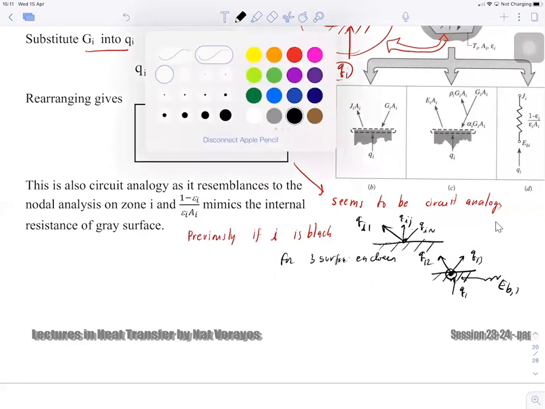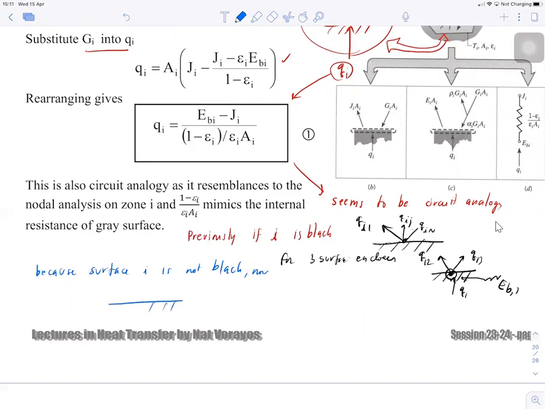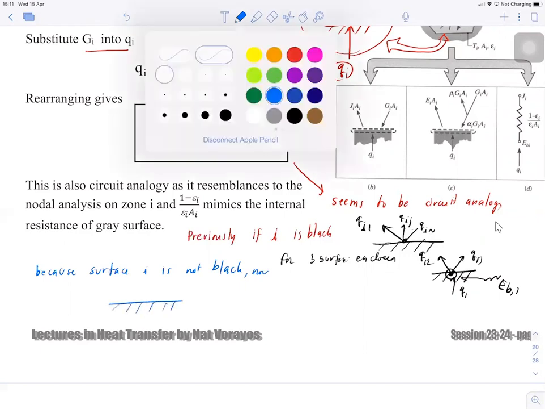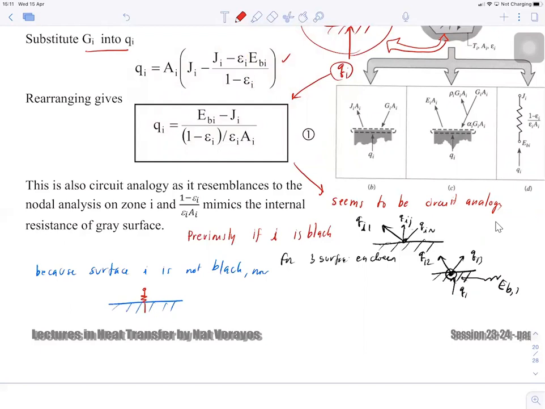Now, because surface I is not black, it seems that for the surface, you have the internal resistance inside the surface.